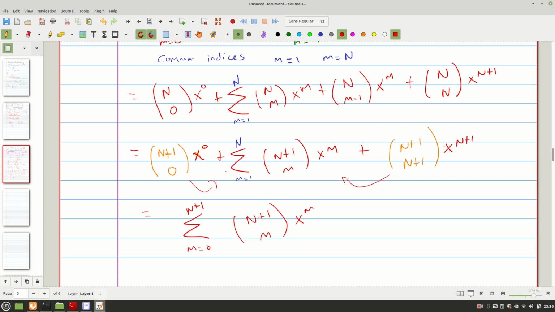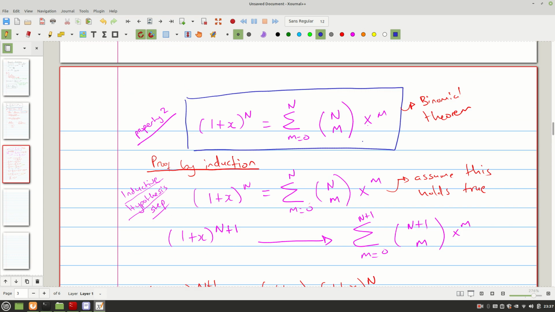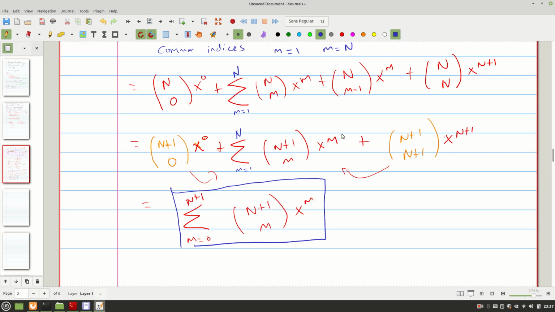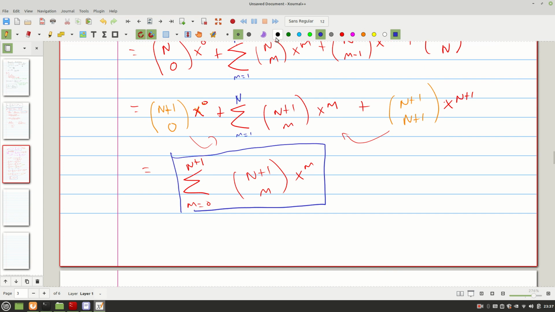Because we added these indices back in, we have proven this property. And in that sense, we have proven the binomial theorem to be true. So this is the basic proof of the binomial theorem.